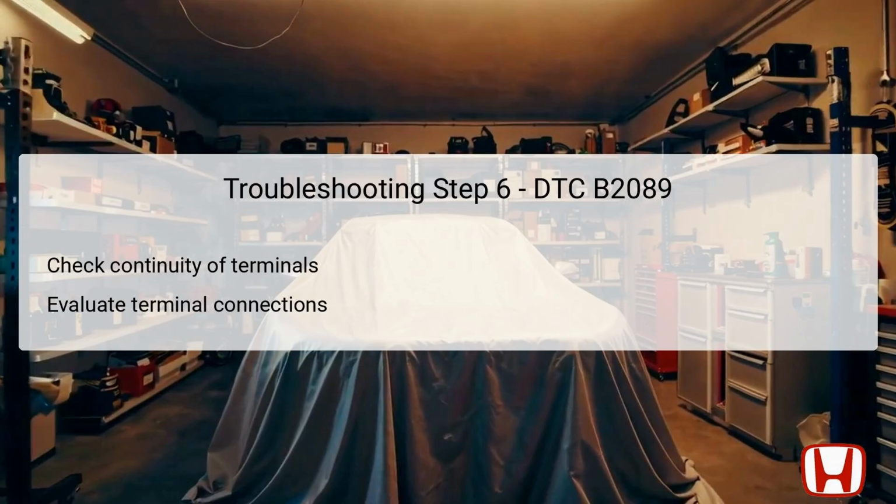It's essential to check each of the 12 terminals, namely from number 10 to number 12 and vice versa, following the correct pairing instructions. This meticulous examination ensures that any internal faults within the switch are identified and rectified to restore its functionality.